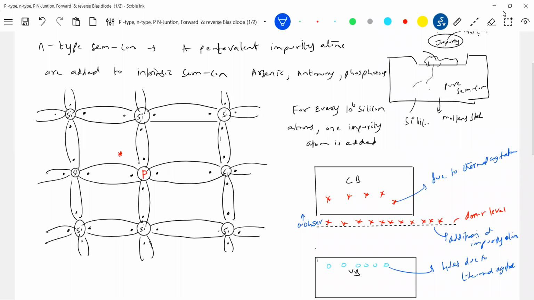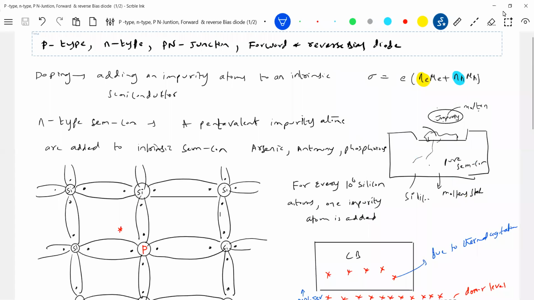If I had 1 gram of impurity atoms, a large number of electrons are available. So I increased the conductivity by a factor of 10 to the power of 6. This is what happens in the semiconductor: addition of one impurity atom gives one electron.